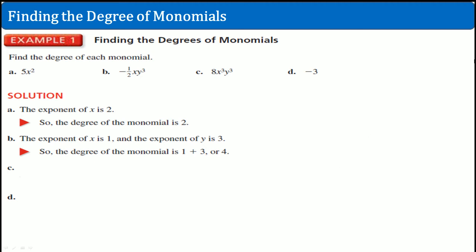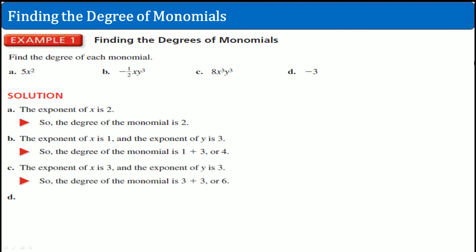Letter C. Okay, you have x cubed, so x has the exponent of 3. y cubed, so y has the exponent of 3. 3 plus 3 is 6. So the degree for letter C is 6 because 3 plus 3 is equal to 6. That has a 6th degree. Letter D, negative 3. Negative 3 can be written like this, with an x to the 0.